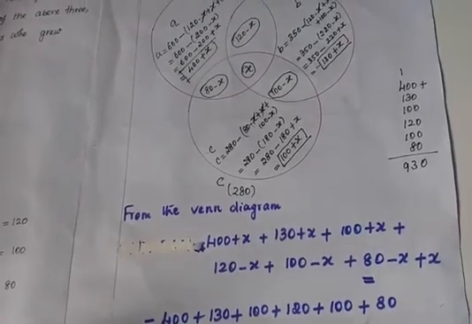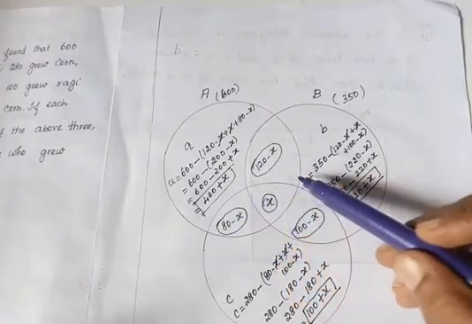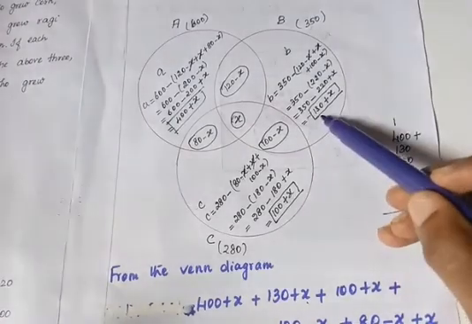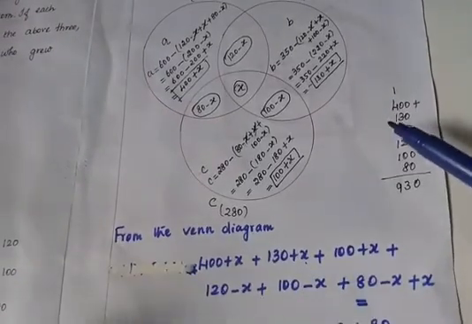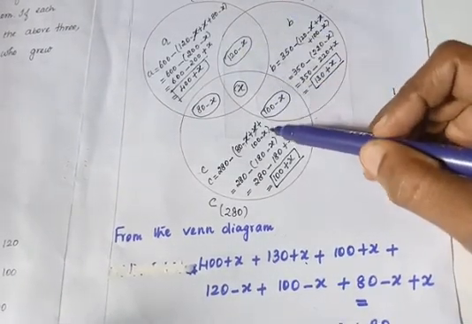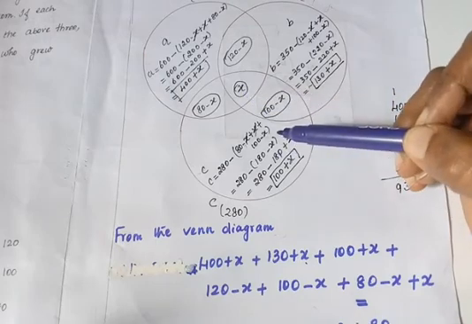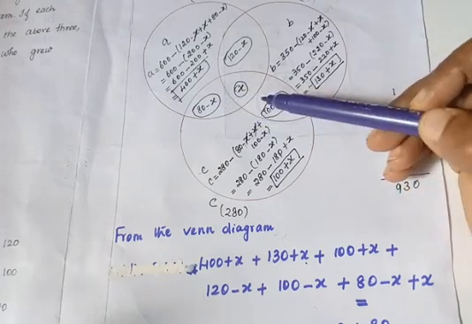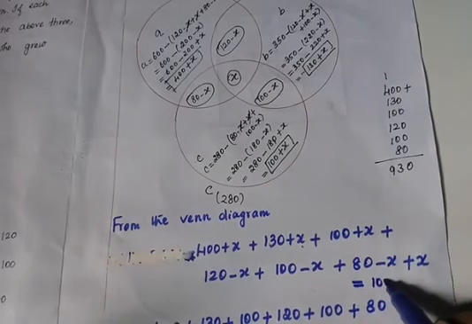So from the Venn diagram we can write 400 + x plus 130 + x, then 100 + x, plus 120 − x plus 100 − x, plus 80 − x plus x is equal to the total value, 1000.